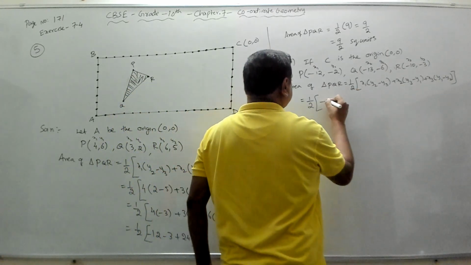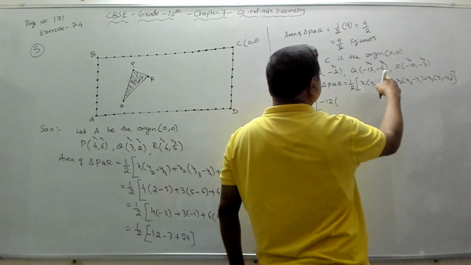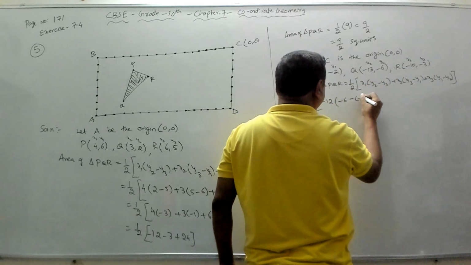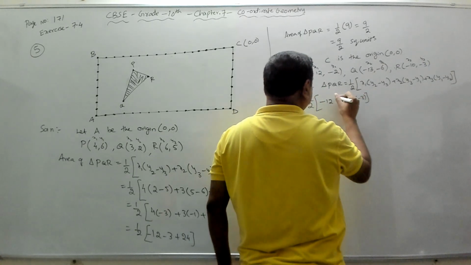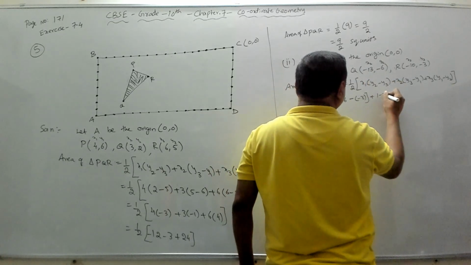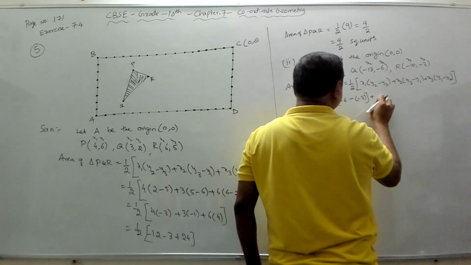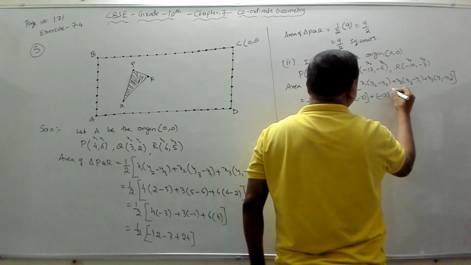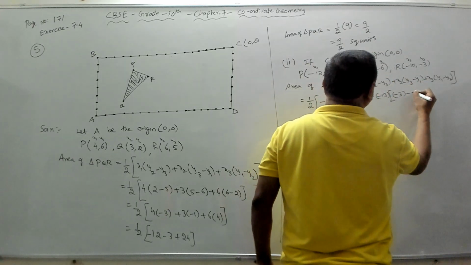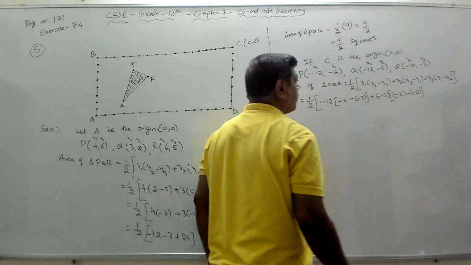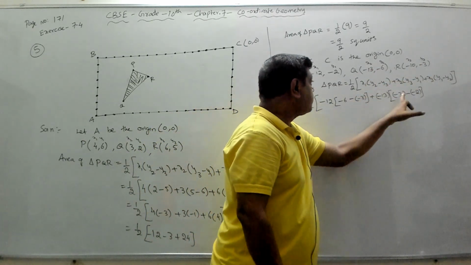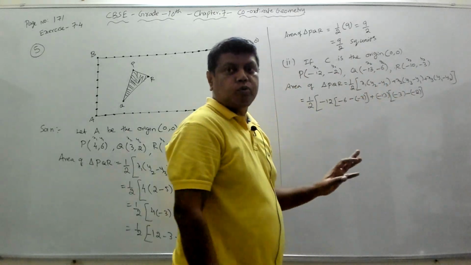So that becomes 1 by 2 of x1, which is minus 12, into y2 minus y3: y2 is minus 6, minus y3 which is minus 3, so minus of minus 3. Plus x2, which is minus 13, into y3 minus y1: y3 is minus 3, minus y1 which is minus 2.